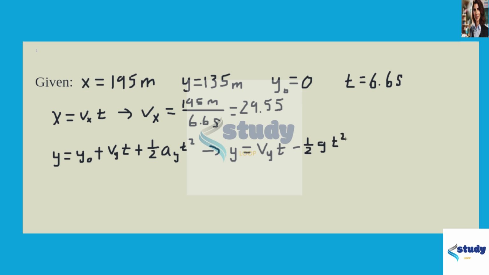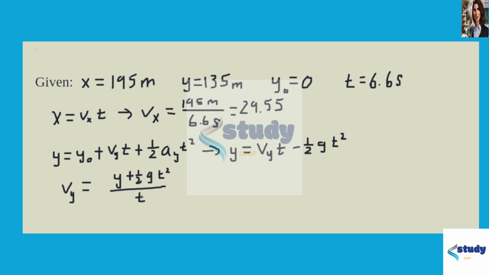Well, v of y is what we're trying to find, so let's rearrange this equation, solving for v of y. That's going to be equal to y plus 1/2 g t squared, and then to get v of y by itself, we have to divide by t. So this is all divided by t.